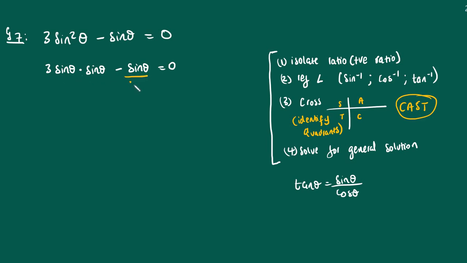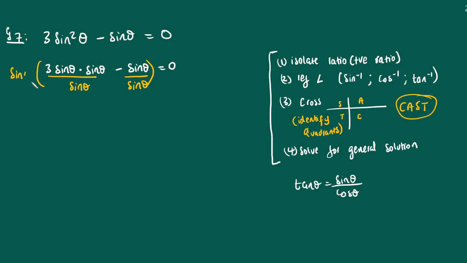So you divide by sine theta both sides, and then after that you open brackets and take the sine theta out. I think I emphasized this when we were doing trig identities, that this is one of the best ways of taking out a common factor. Just look at the one that is common, divide by it, multiply by it.